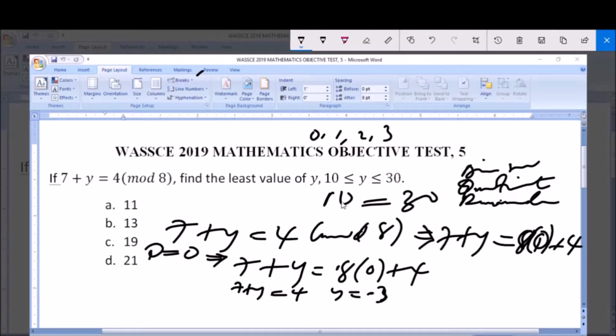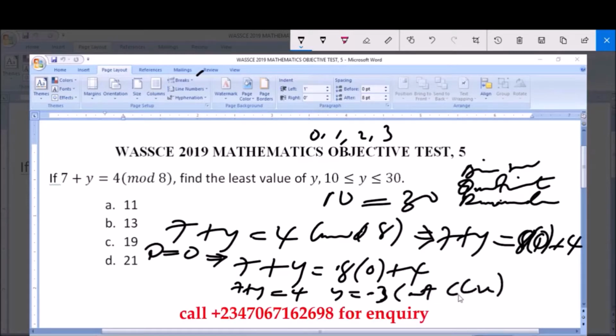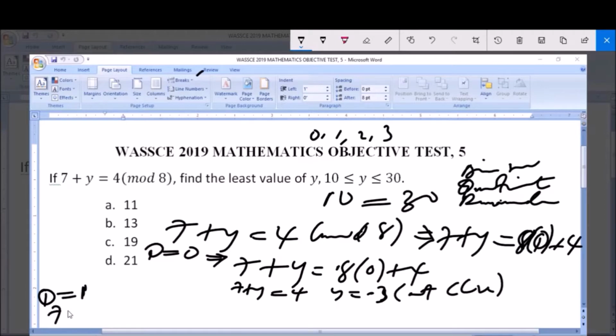Now they say our value should be between 10 and 30. Minus 3 is not close to the value at all, so it's not the answer. We'll try q as 1. If q is 1, we'll have 7 plus y equals 8 into 1 plus 4.